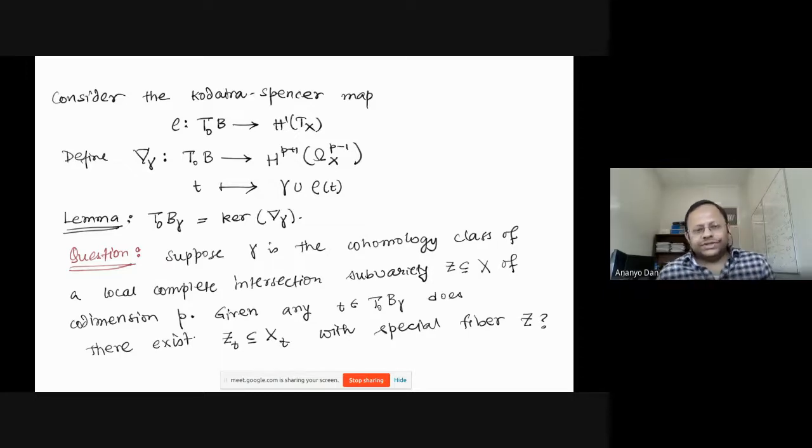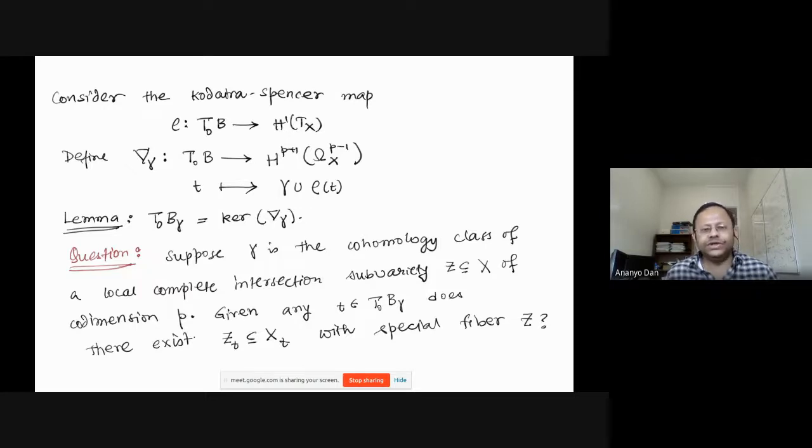So the question that we want to ask is, first of all, we should observe that if we have a first order infinitesimal deformation of the local complete intersection subvariety Z, then the corresponding cohomology class will give you a Hodge class over these dual numbers.